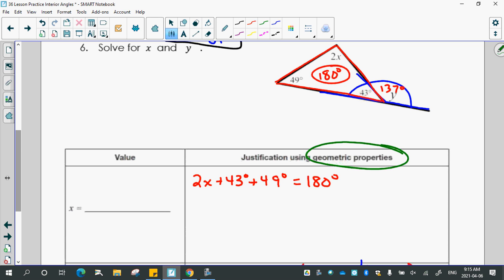And then I notice that I've got like terms here. These two angles can be added together: 92. So now I have a two-step equation to solve.